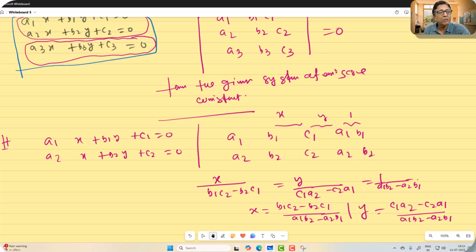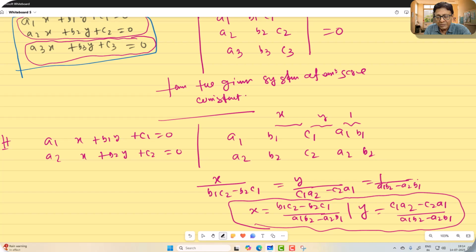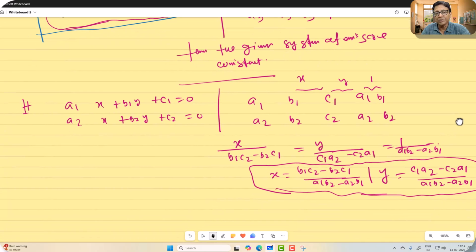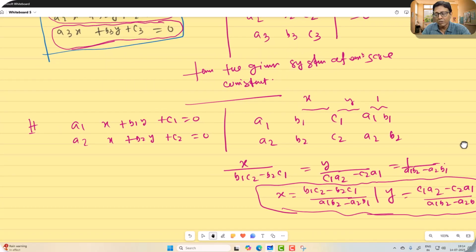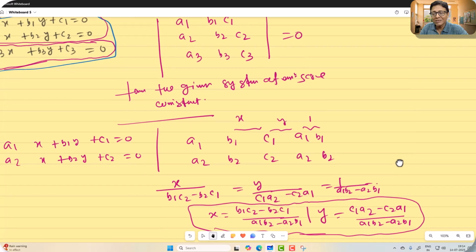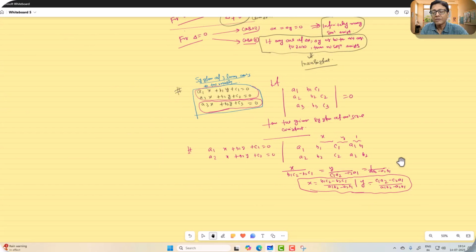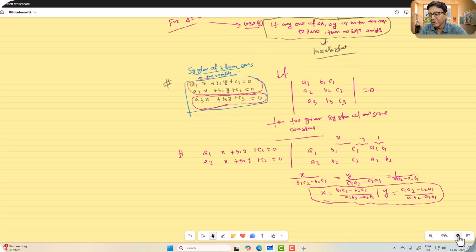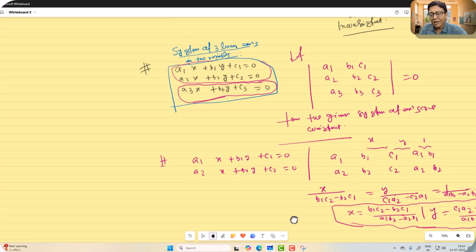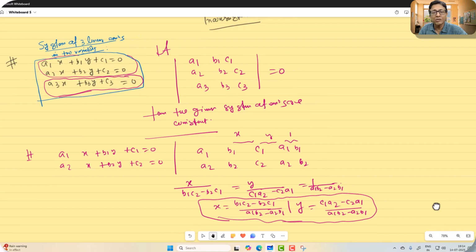Hope you have understood the method. Now if the system of equations is consistent, then this X and Y must satisfy the third equation. Understood? For consistency, the third equation has to be satisfied by this solution.